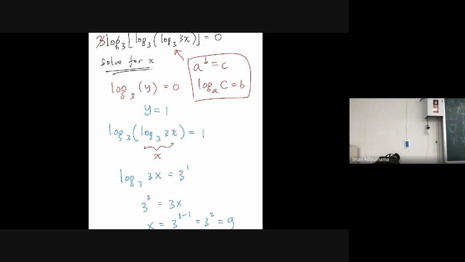You have log base 3, and the inside log that has many logs is equal to 1, so your whole section becomes 1. Do the same thing here. Make this x, and the conclusion is log base 3 of x is 1, so 3 with the power of 1, base 3. This is the power. And from here, 3 with the power of 3 is equal to the result 3x. Just using this basic rule.